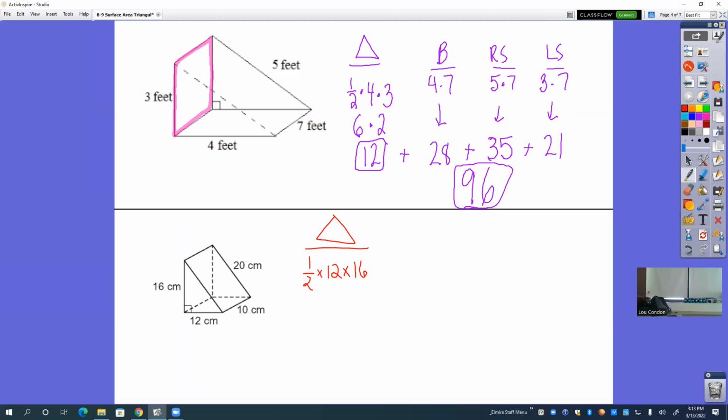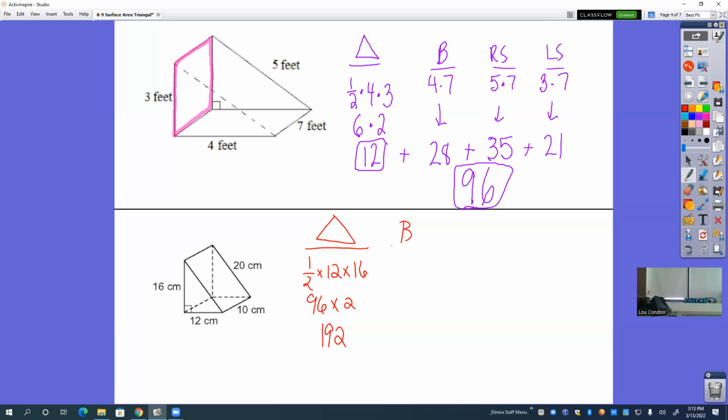So that would be 96 times 2, which is 192 for the front and the back triangle.